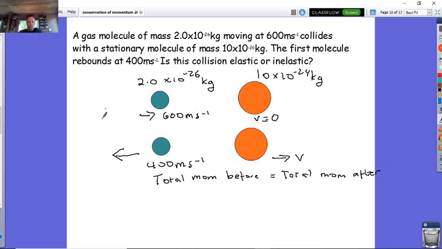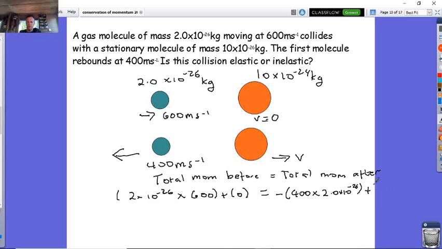Okay, so looking at the momentum before, I can take 2 times 10 to the minus 26, multiply it by my 600. That one is going to be 0. I'll still include it, but 0 because the velocity is 0. And afterwards, now be careful because it's going backwards, it's going to be 400 multiplied by my 2 times 10 to minus 26.